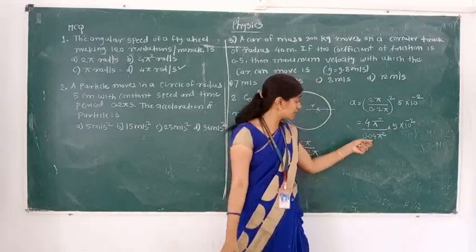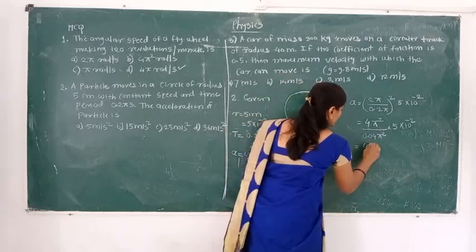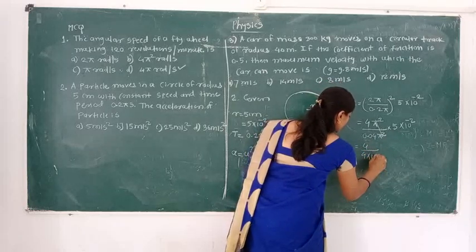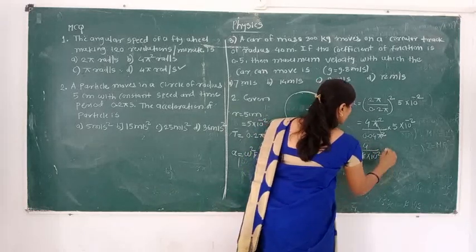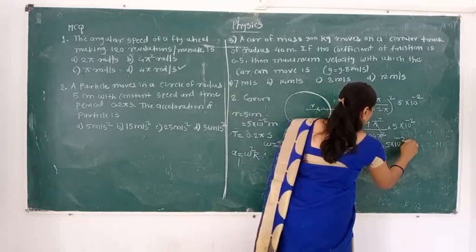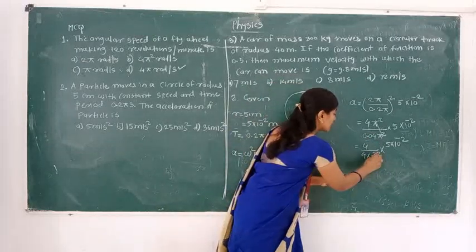See, we can write in a simple way that pi square is going to cancel. 4 divided by 4 into 10⁻² into 5 into 10⁻². यहाँ से हमने ये डेसिमल चेंज करके इसको इन द पावर ऑफ 10 में कन्वर्ट कर लिया.